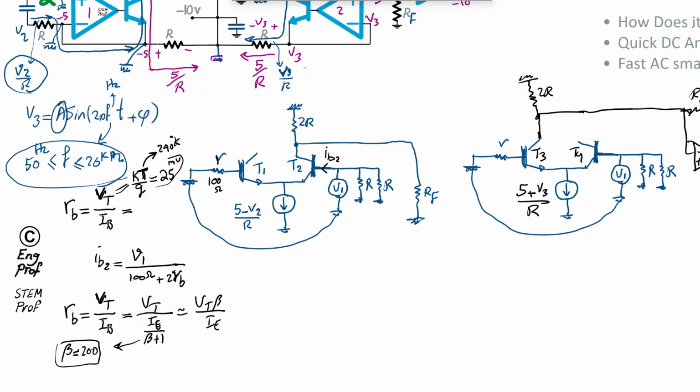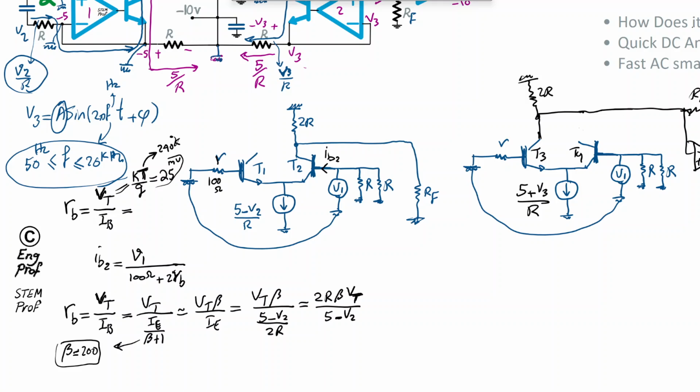I emitter is half of this current, because half of it goes through T1, half of it goes through T2. So as a result, I can say it's VT beta and then 5 minus V2 divided by 2R. So therefore it becomes 2R beta VT, and then we have 5 minus V2.